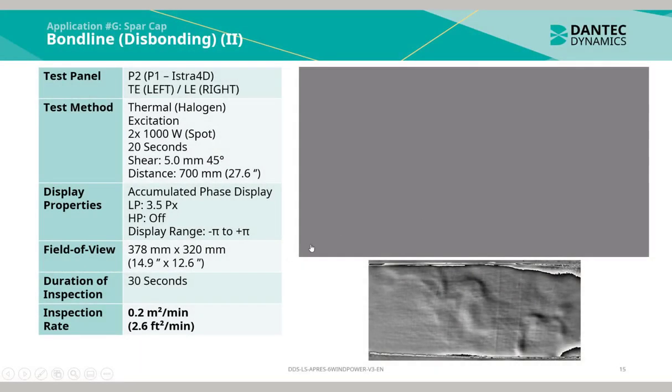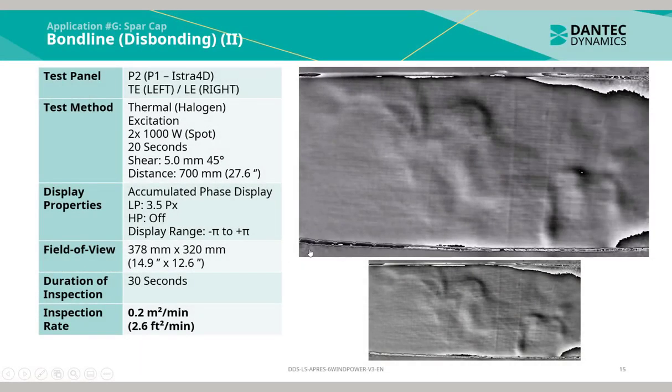In the video presented to the right, we use two 1000 watt spot halogen heat lamps for a heat duration of 20 seconds. Waiting another 10 seconds afterwards, we can see the localized disbonding fringes between the gel coat and the spar laminate.